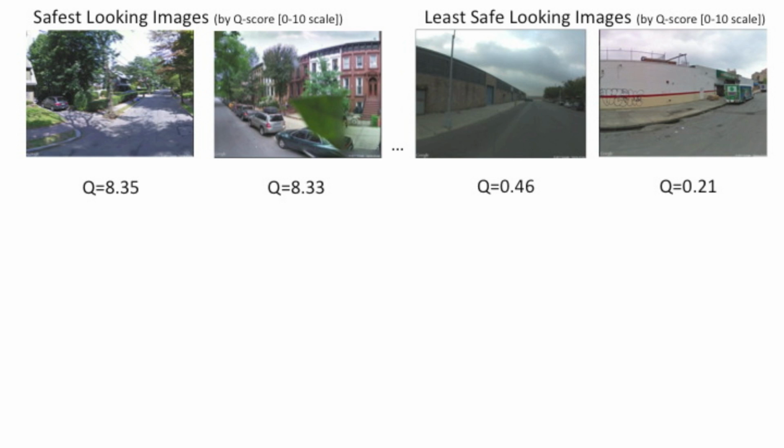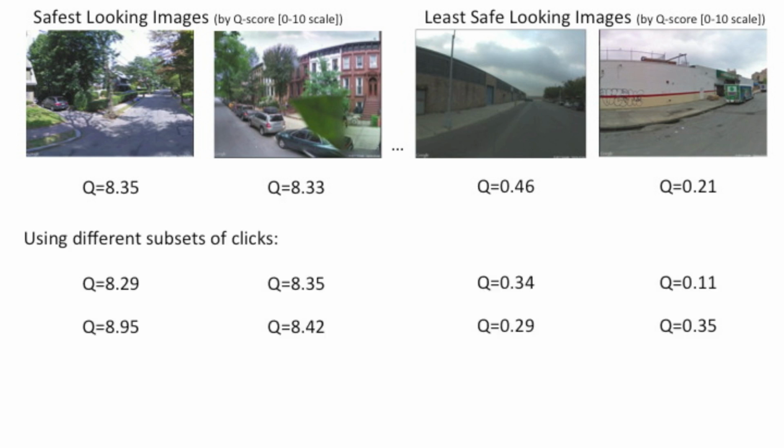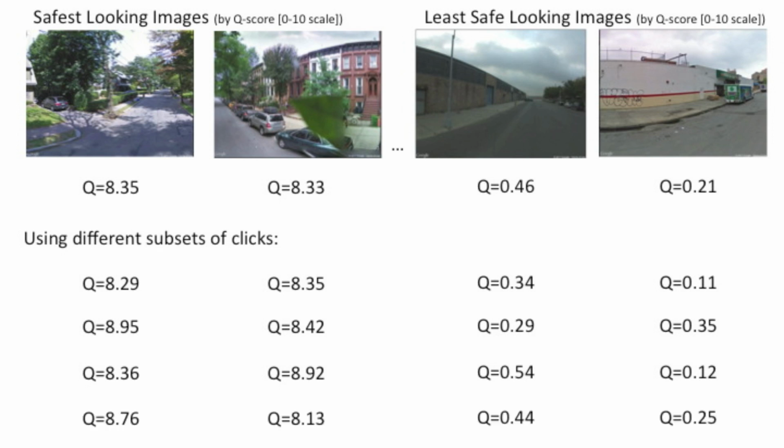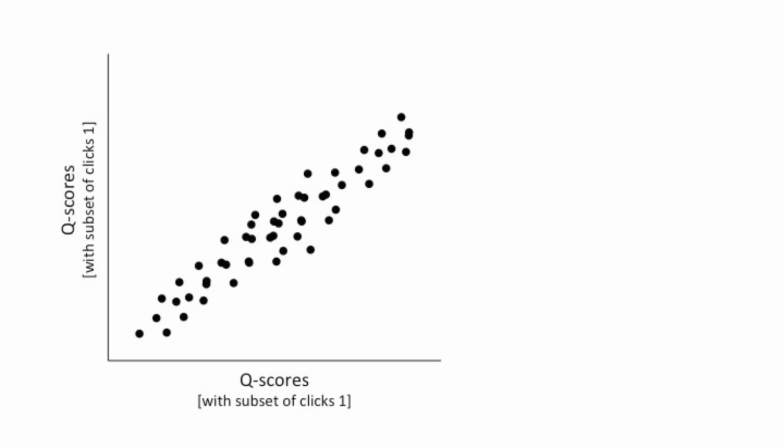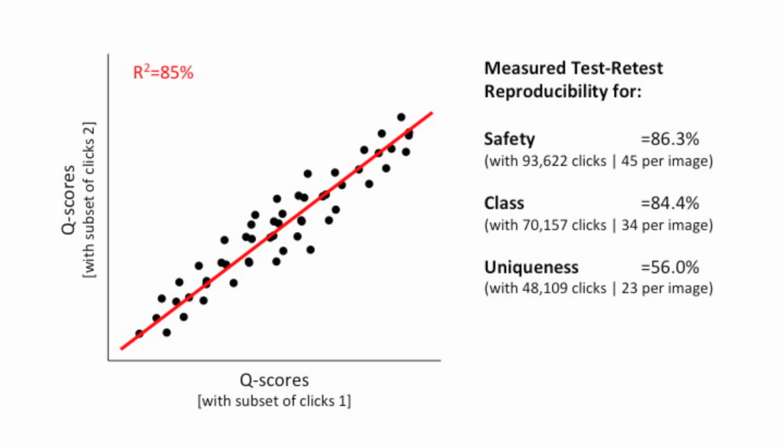The test-retest reproducibility of the study was obtained by comparing the scores obtained for different subsets of clicks. The results showed that, in a study with 30 to 40 clicks per image, the test-retest reproducibility of the scores obtained was high, since non-overlapping datasets generated rankings that were at least 80% similar.